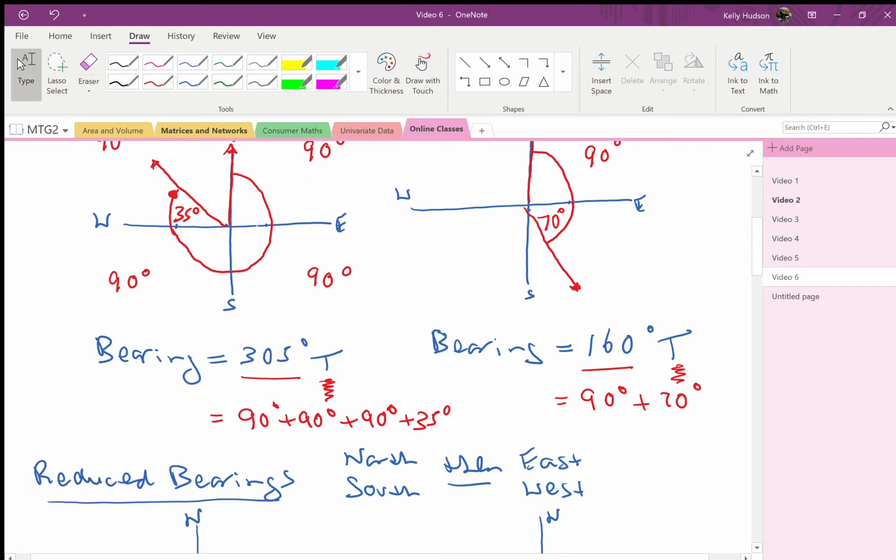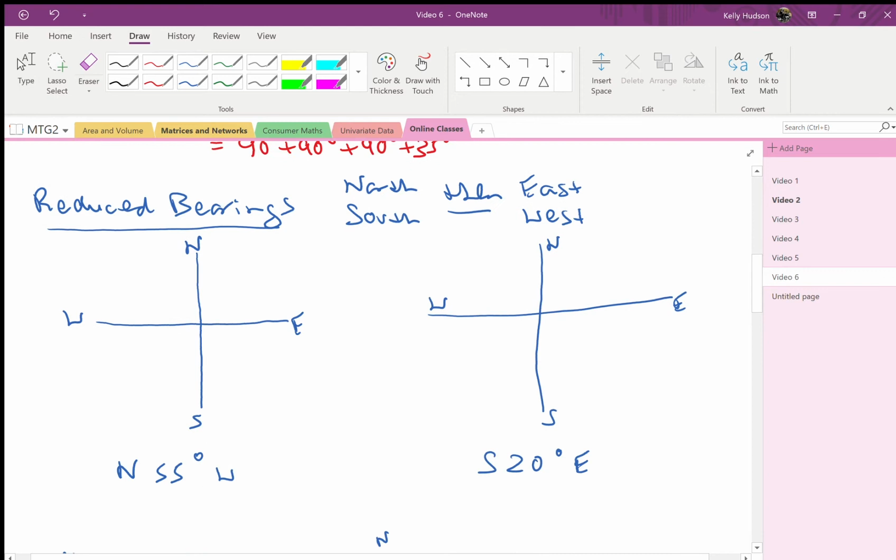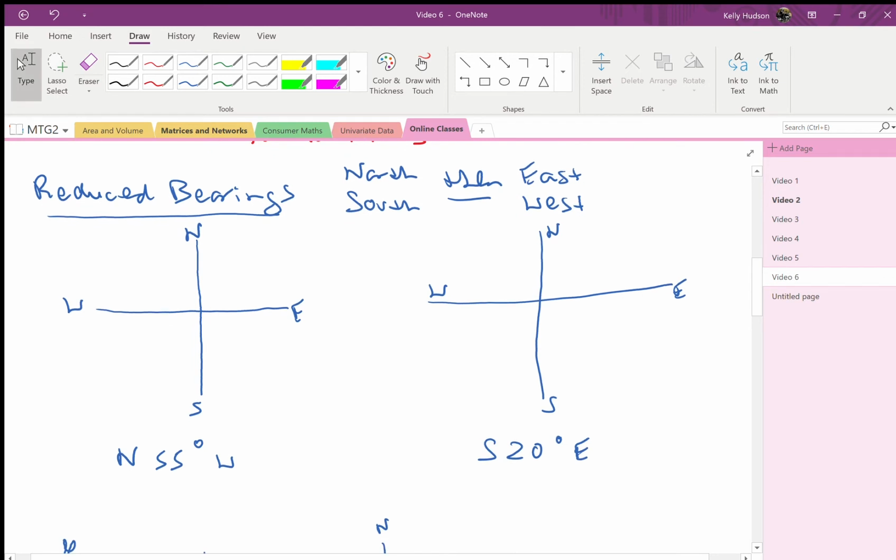The second type of bearings are called reduced bearings. Reduced bearings are north and south, first of all, and then east and west. So for reduced bearings, there's always a direction we go first, which is the north direction here. Then there's a number of degrees we go towards the west.